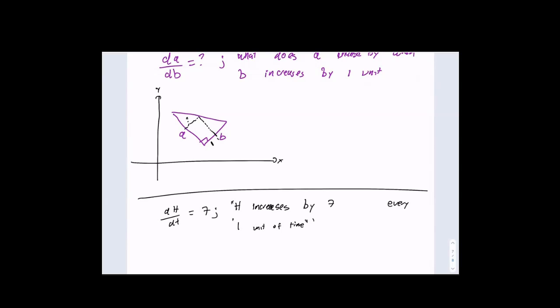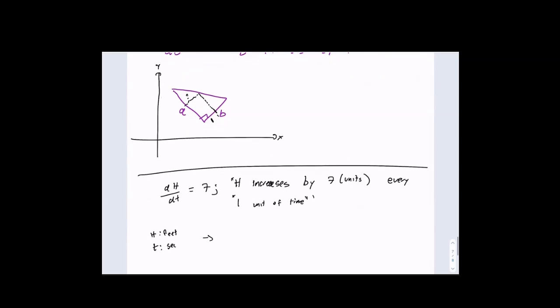Put those quotation marks right here. There, it looks better. H increases by 7 units, 7 feet, for example. So if H was in feet and t was in seconds, and we're going to get into this applicational work later on, then we would say that H increases by 7 feet every second.